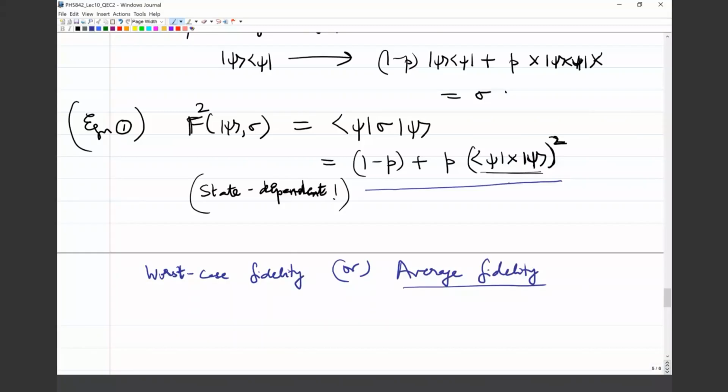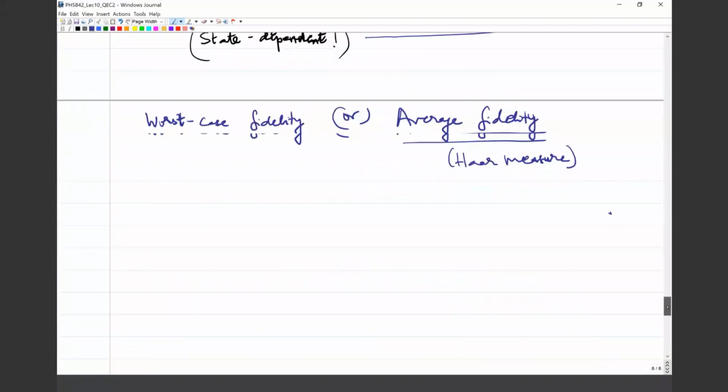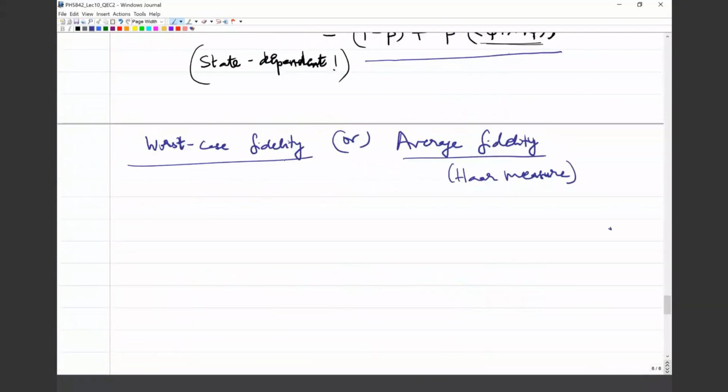That takes us to a completely different topic in quantum information, which is how do you define the measure over pure states, and how do you do an averaging over pure states, the measure, etc. That's another very interesting topic one can look at in quantum information itself, right? But what we're going to focus on for error correction is what is called worst case fidelity. So this is then a min over all states of this fidelity expression.